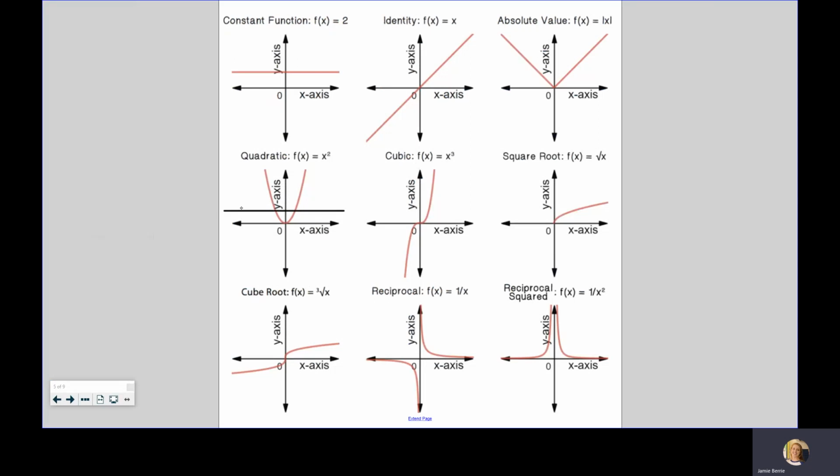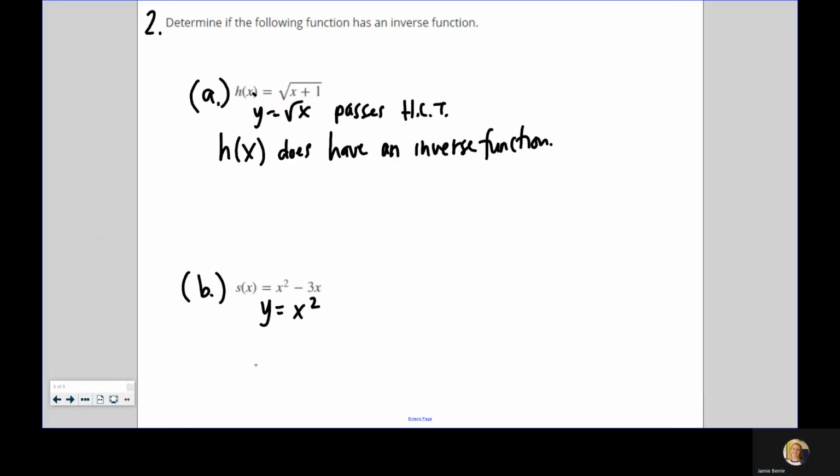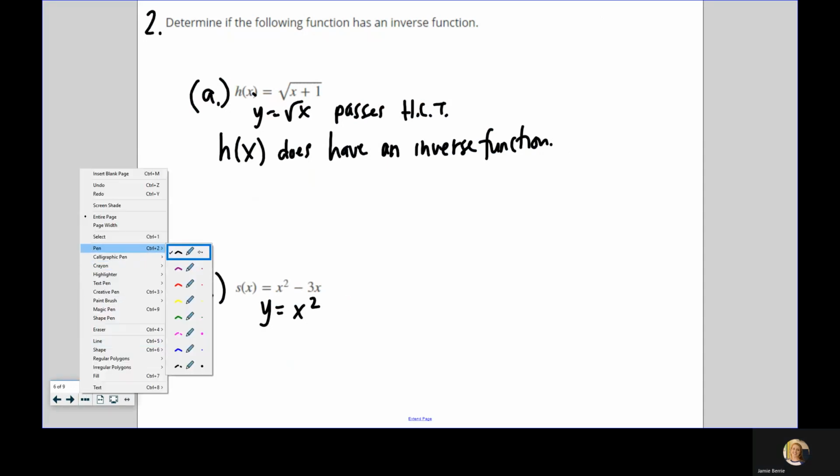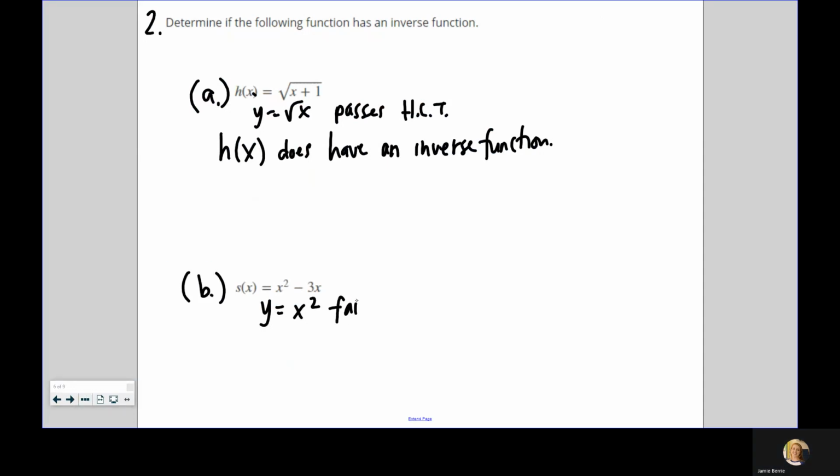And notice that anywhere where we place this line, unless it's down here, of course, if we place this line on the graph, it's going to pass through more than once. That means it fails the horizontal line test. So we'll say y equals x squared fails the horizontal line test.